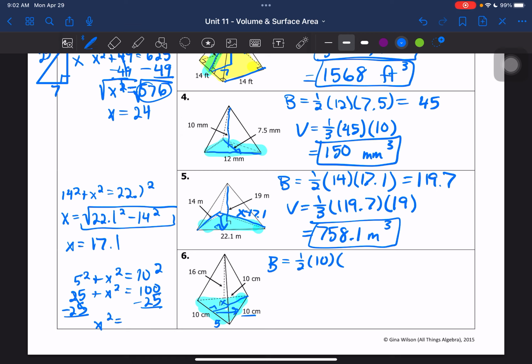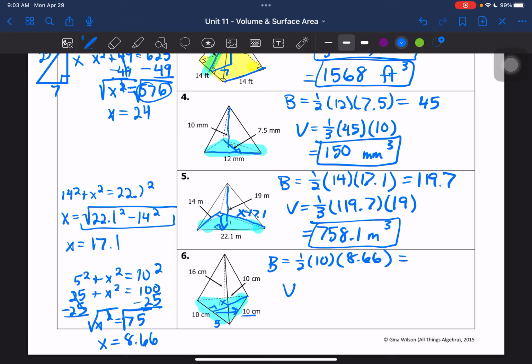So x squared is equal to 75, and then we square root that. So the square root of 75 is 8.66. So that's what we're going to plug in over here.